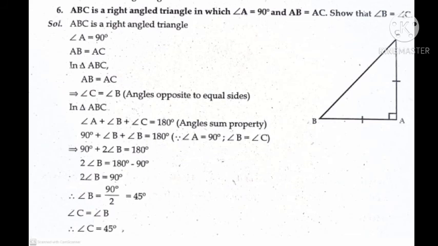Transposing 90 degrees to the right side of the equation, it becomes minus 90 degrees. Next step, 2 angle B is equal to, after subtraction, 90 degrees. Angle B is equal to 90 degrees by 2. After cancellation we get 45 degrees. So angle B is 45 degrees, then angle C is also 45 degrees because angle B equal to angle C. Therefore, angle B equal to angle C equal to 45 degrees, hence proved.